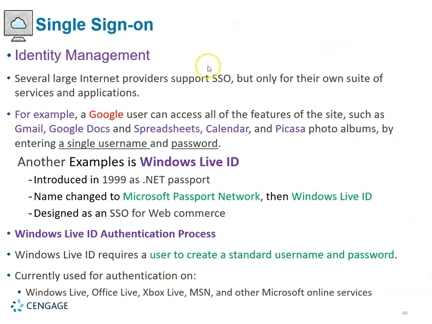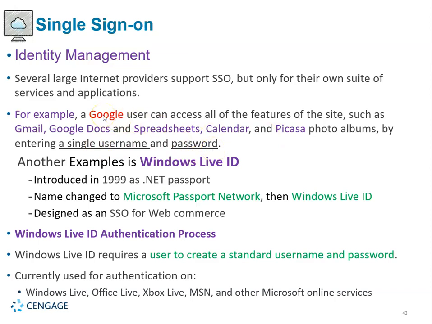So how does this work? Well, in identity management, you have several large internet providers that have to support it, but only for their own particular suite of services and applications. As an example, a Google user can access all the features on the Google site across this federation of applications: Gmail, Google Docs, the spreadsheets, the calendar, the Picasa photo albums, just by entering a single username and password.